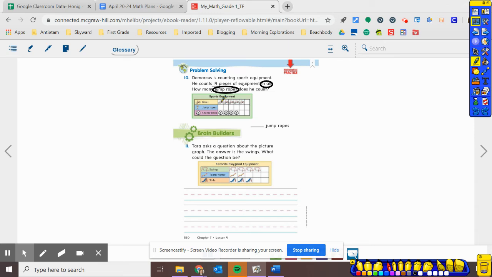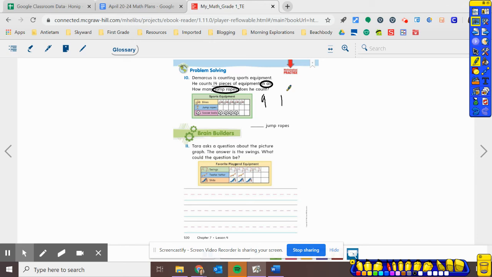Okay, so let's see. I see 1, 2, 3, 4, 5, 6, 7, 8, 9. I'm going to write my 9 over here. But it says that he counted 14 pieces of equipment in all. So I need to figure out how many jump ropes. I need to figure out the missing number. So I need to do a subtraction sentence, first grade.